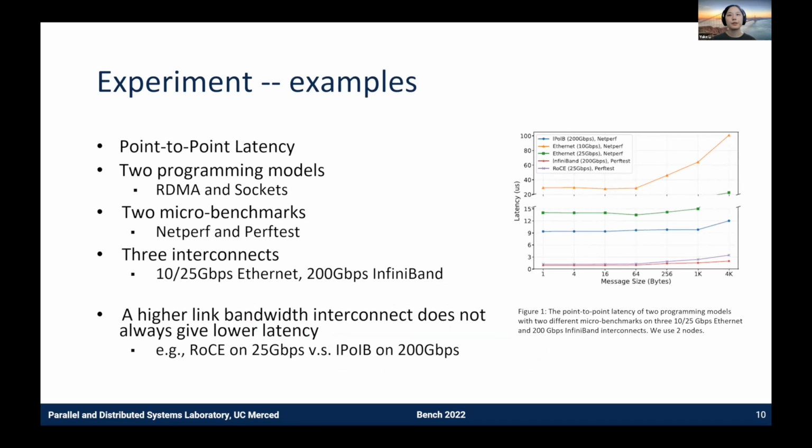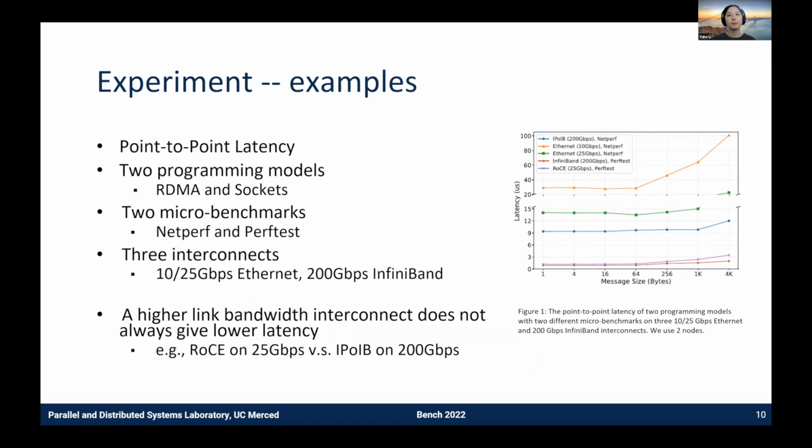The first example is a latency comparison of micro benchmarks. In this experiment, we used 2 programming models, RDMA and socket, with 2 different micro benchmarks, netperf and perftest, on 3 interconnects: 10 and 25 gigabit per second Ethernet and 200 gigabit per second InfiniBand.